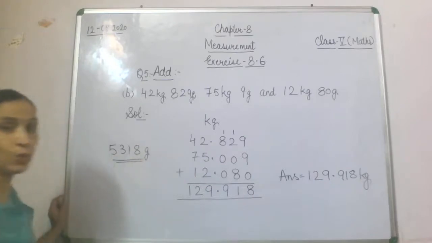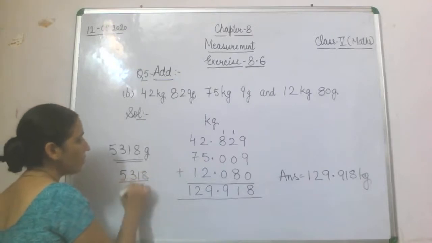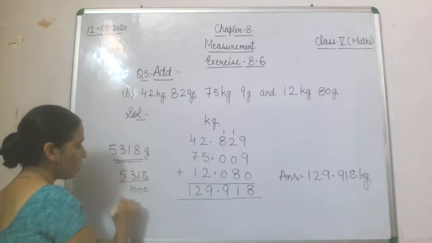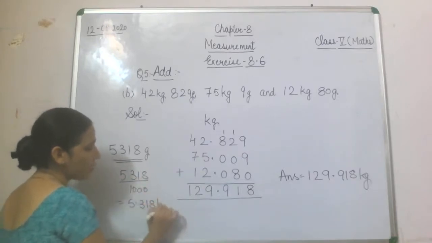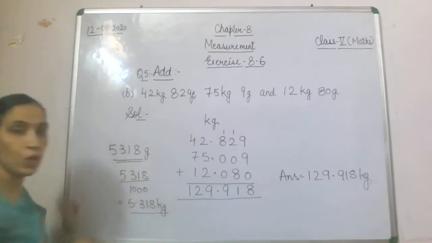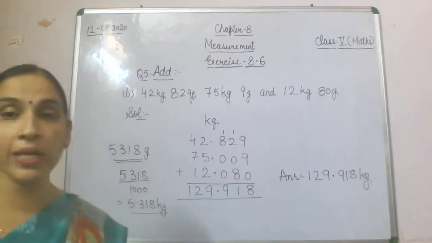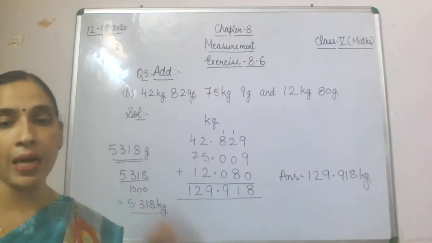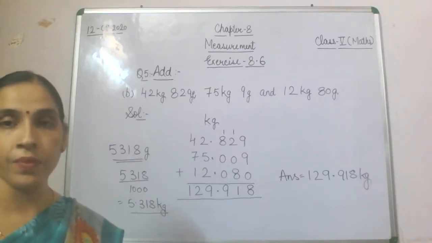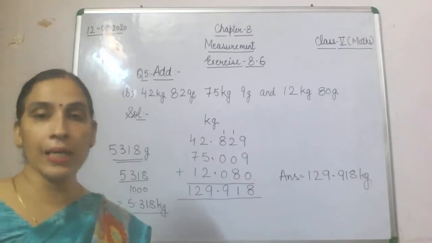How will you write it in kg? This 5318 will be divided by 1000. It means we'll count from the back 1, 2, 3 and put the decimal there. You will convert it into kg and then you will add. So that is your example 1. Children, you will convert it and then add it.